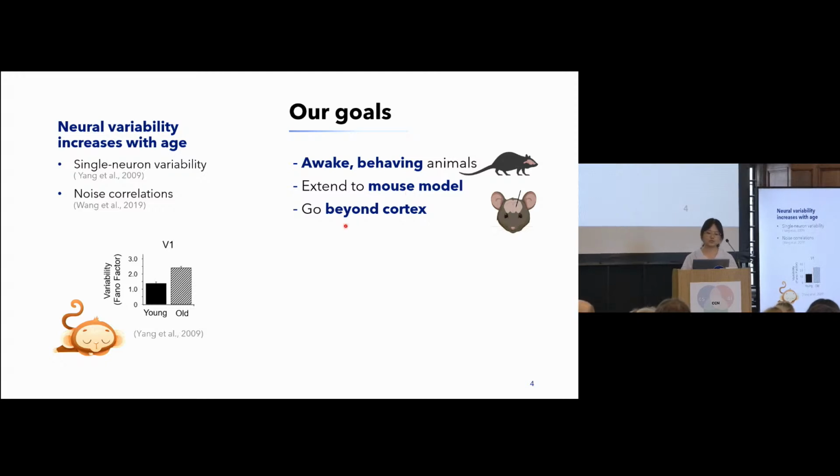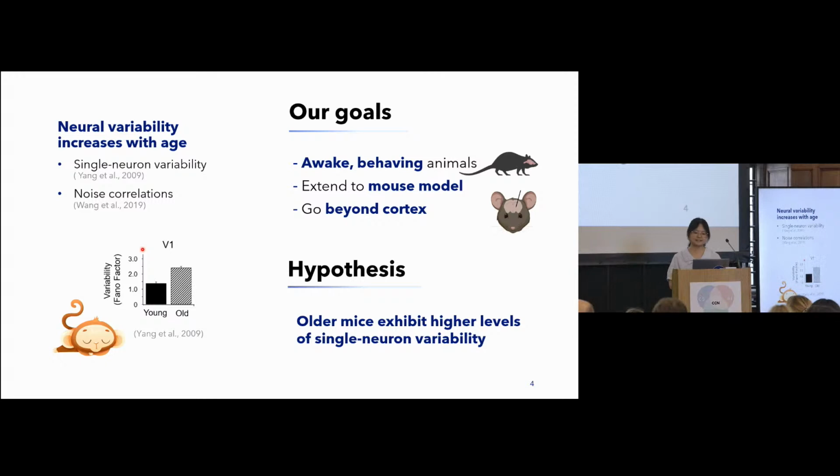We also want to quantify the neural variability in other neural structures beyond cortex, because previous research only focused on the cortex. We don't know what's happening in other neural structures inside the brain.